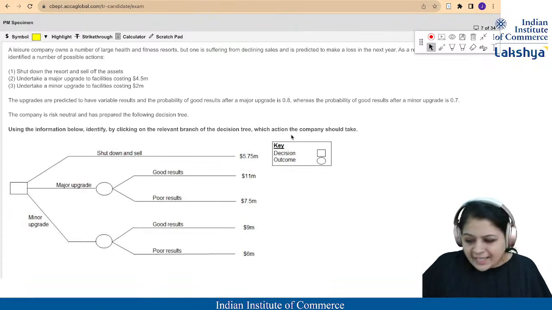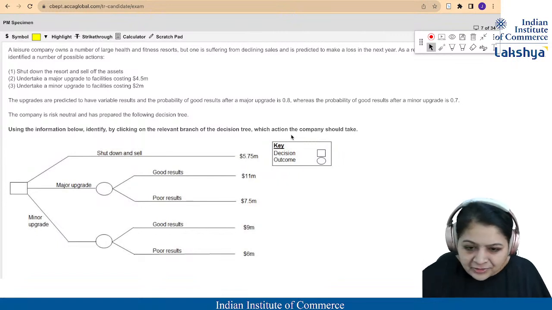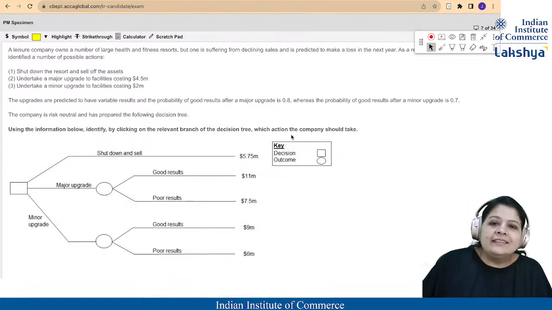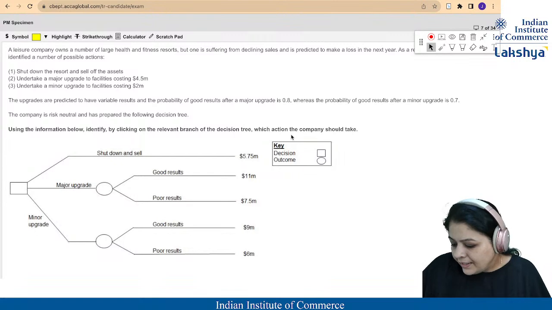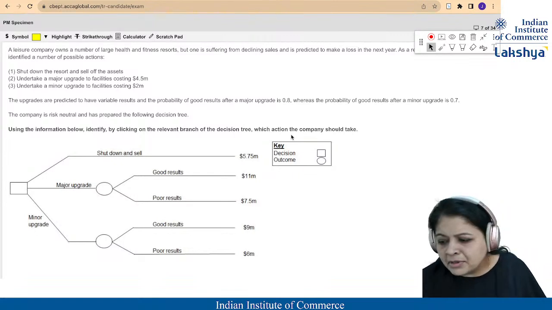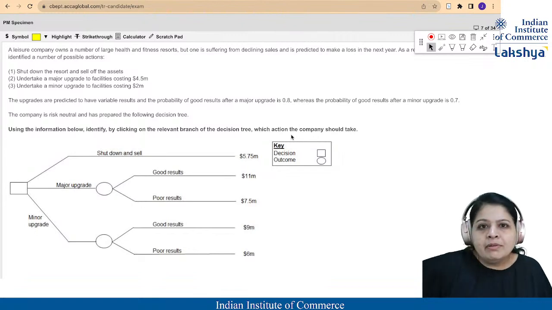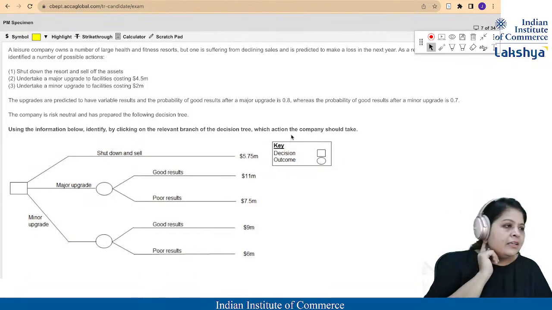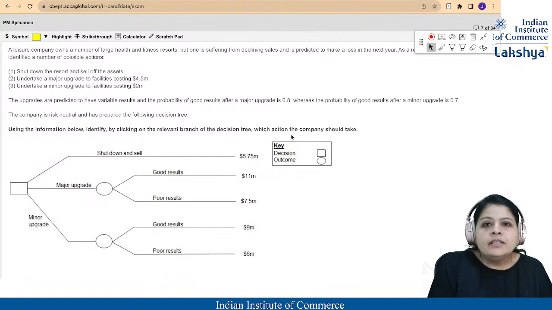A lot of students get scared with the decision tree, right? And I get a lot of students asking, ma'am, decision tree was not there, but decision tree in terms of drawing a decision tree is not there in the examination anymore.